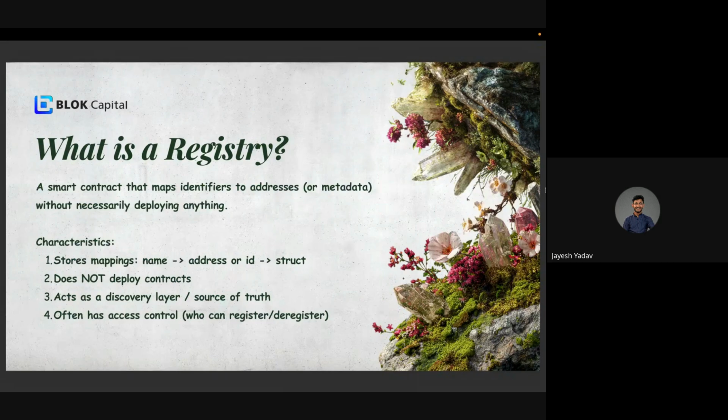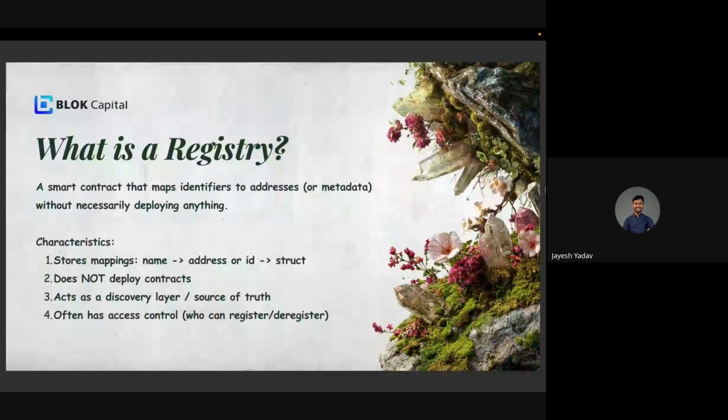Third, it acts as a discovery layer. It's the source of truth other contracts can use to query or look up. It acts as a directory for anything you are storing or registering.